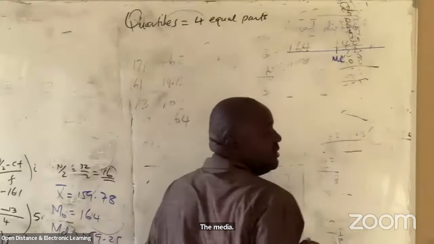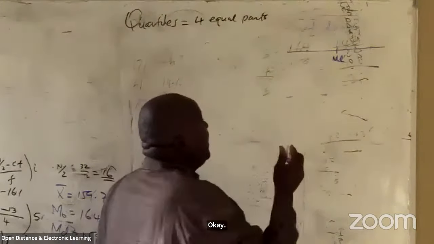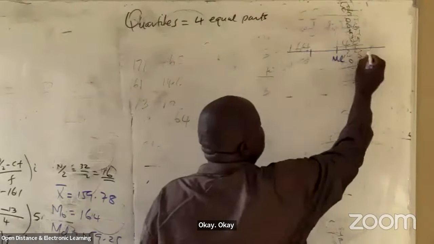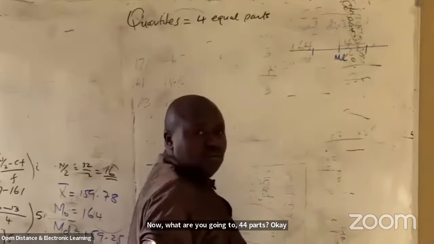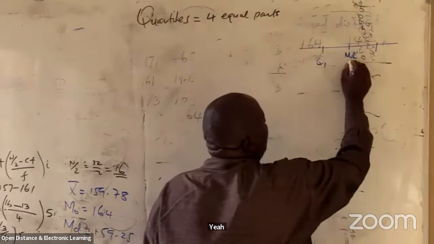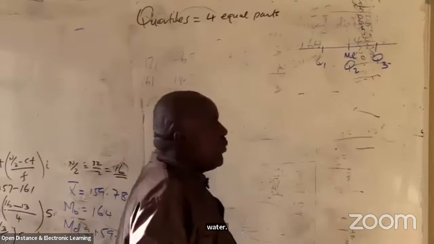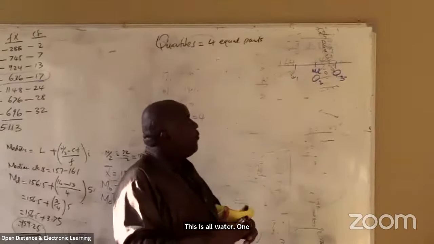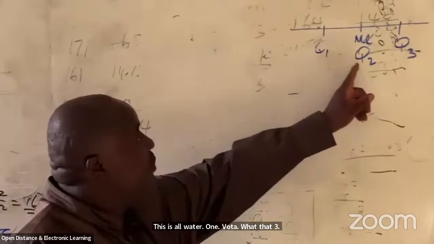Now, quarters divide it into 4 equal parts, so I'll have 1, 2, 3, 4 parts. This is for quartile 1, quartile 2, quartile 3. So we are dividing it into 4 equal parts, but we have how many quartiles? 1, 2, 3.